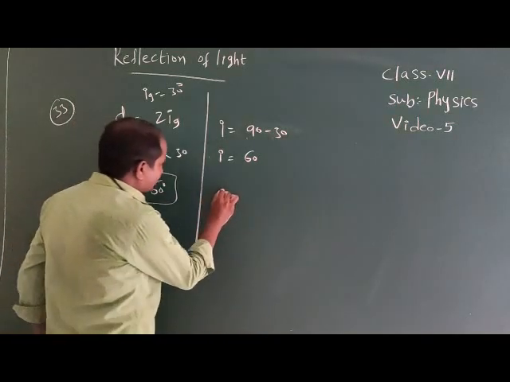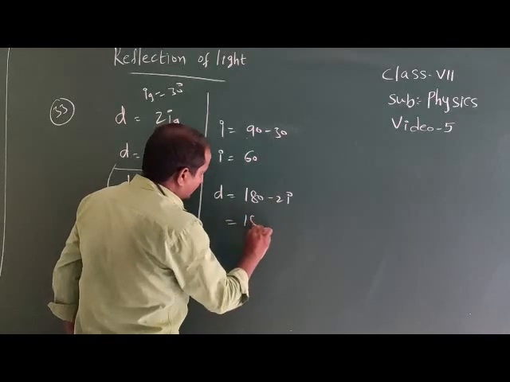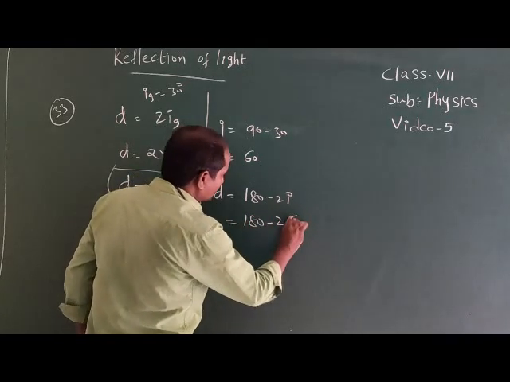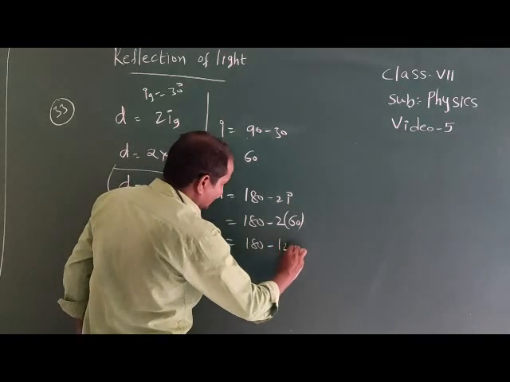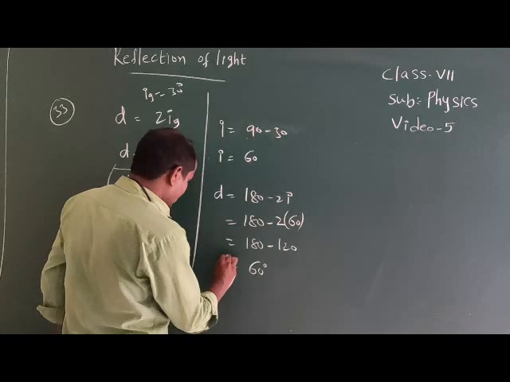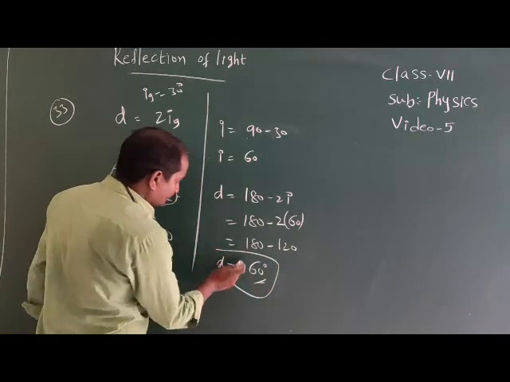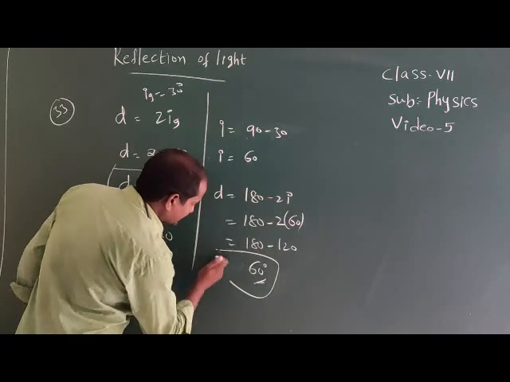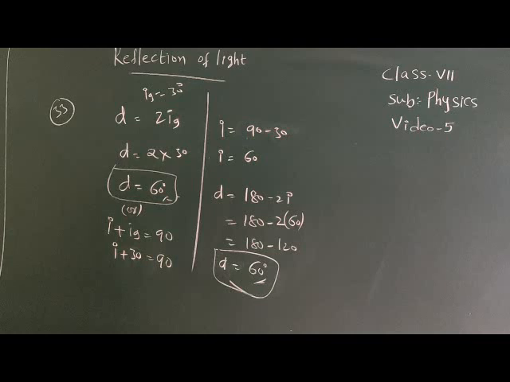So the angle of deviation D equals 180 minus 2i. So 180 minus 2 into 60 equals 180 minus 120. So D equals 60 degrees. Here also we got 60, the same value, but the method is different. So the angle of deviation equals 60 degrees.